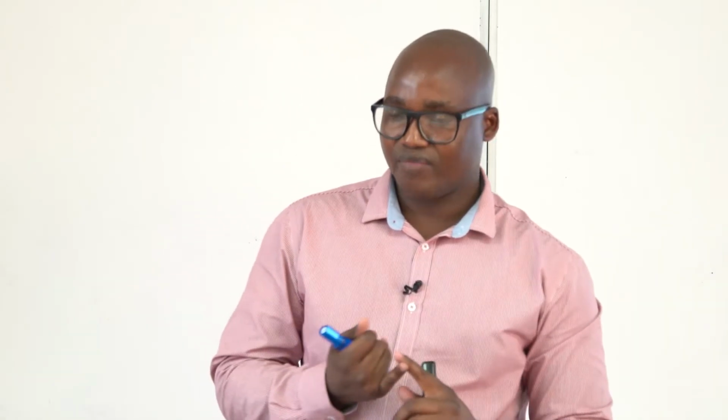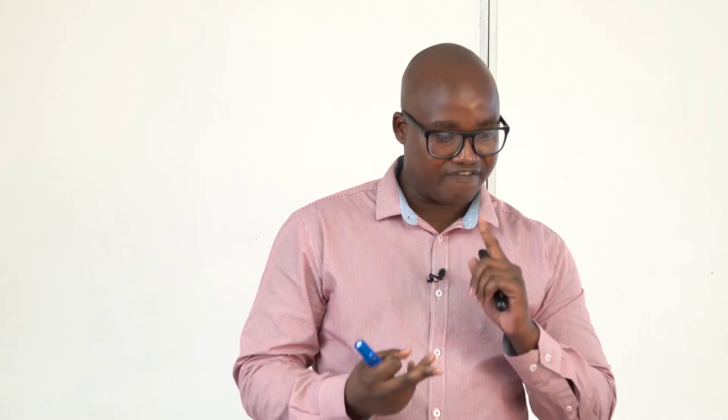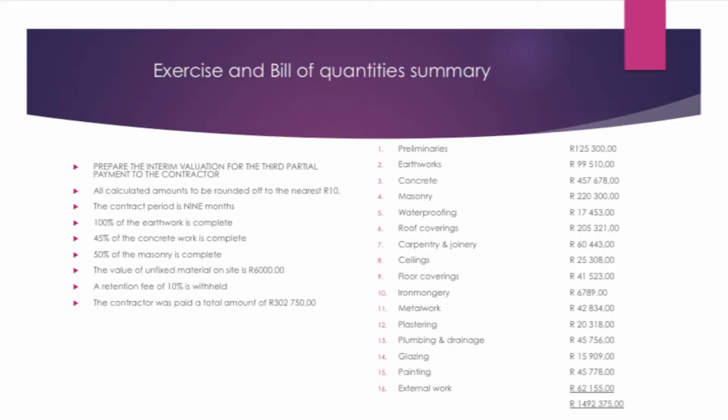The first payment has been made, the second payment has been made. Now we are preparing the third interim payment to the contractor. So we have to look at what is given on the bill of quantity summary.